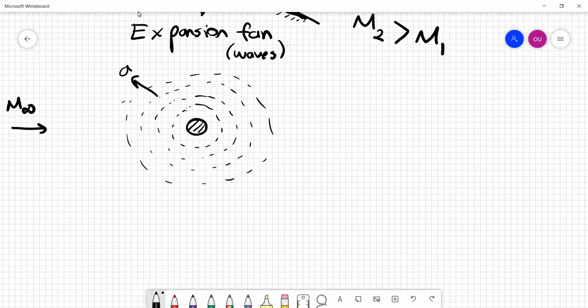These waves propagating out at the speed of sound carry one piece of information: the object is here.